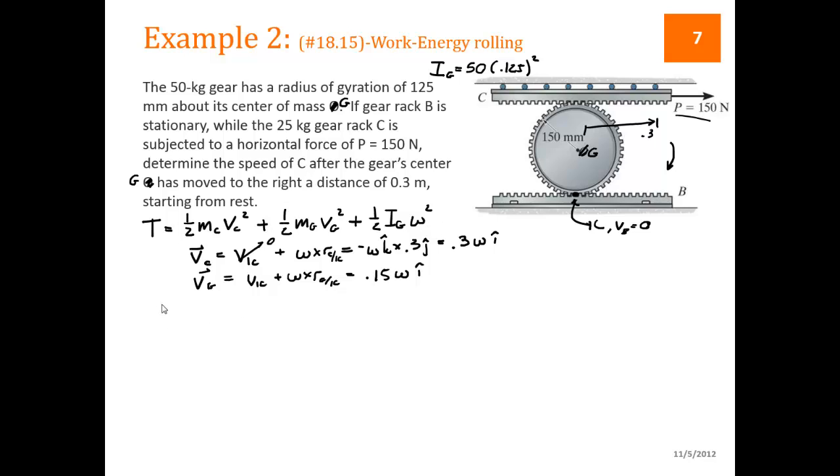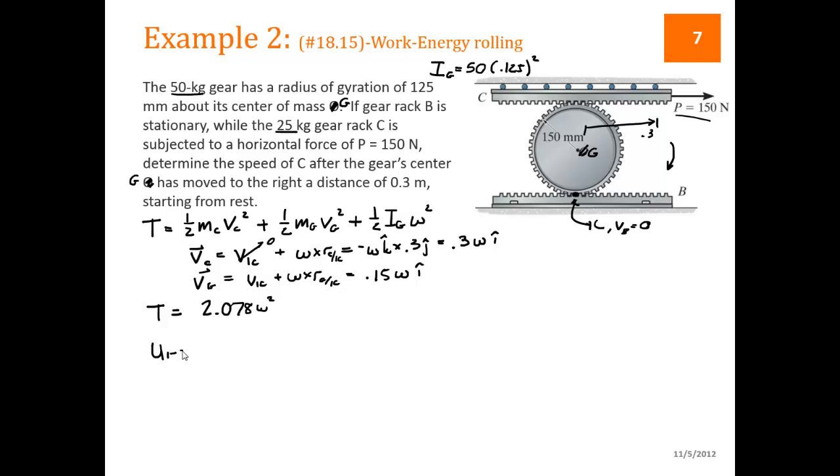So our final version here would be T. Plug in all the masses. We were given 50 for the center, the G. IG goes in down here. MC 25 goes in here. We'll plug in all the numbers, and we can write our T as a function of omega squared to be 2.078 omega squared.